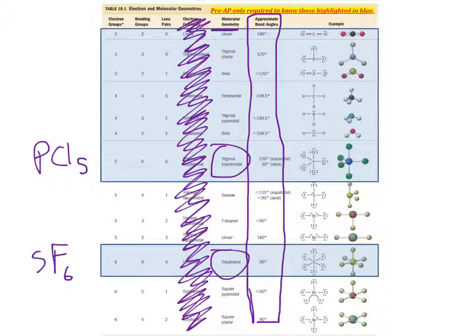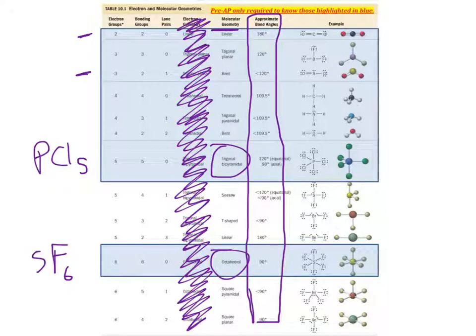The way I remember that is trigonal sounds like 3, bi sounds like 2, 3 plus 2 is 5. So trigonal bipyramidal is 5 terminal atoms there. Remember the difference between linear and bent is that there's a lone pair on the central atom that pushes it down.